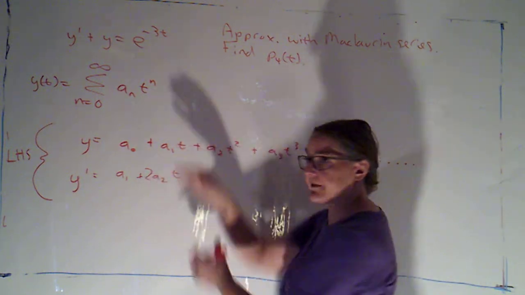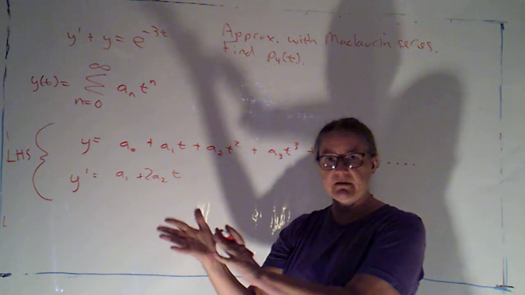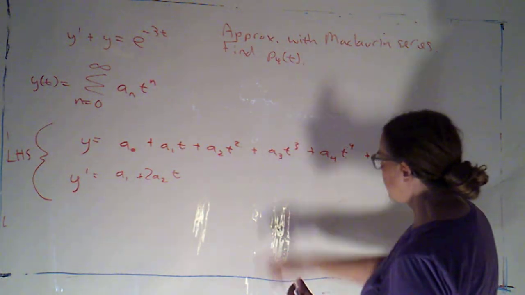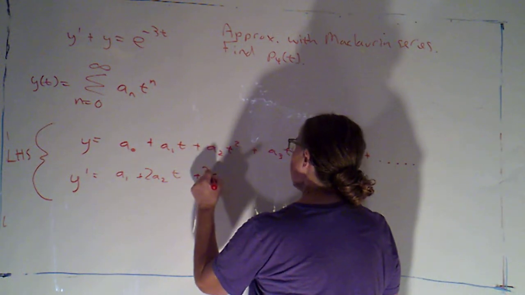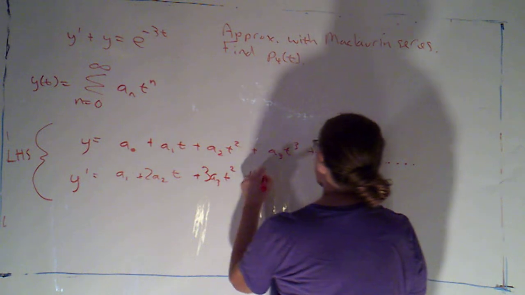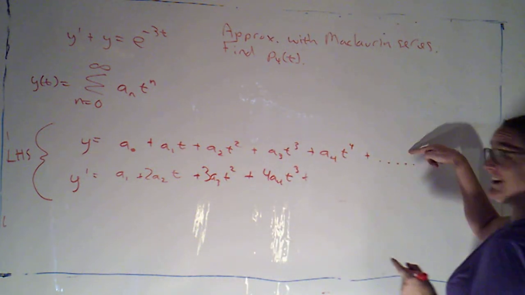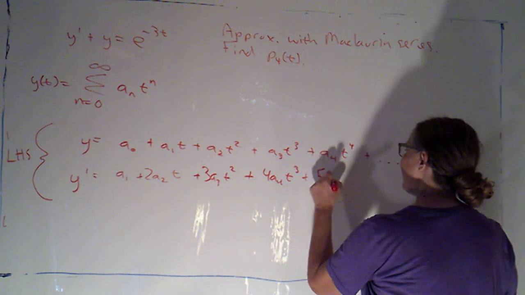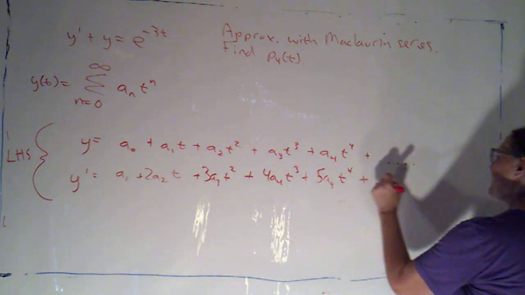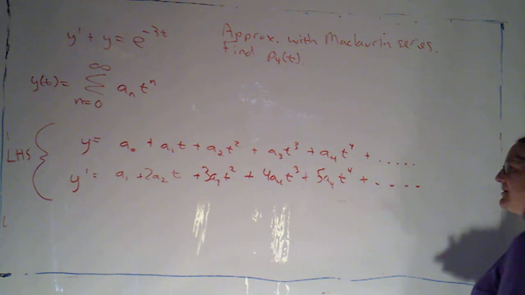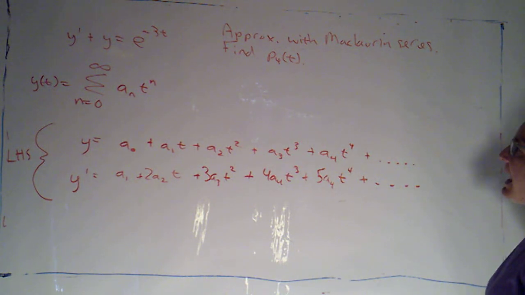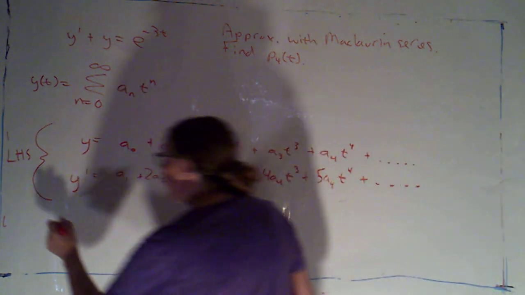These two pieces together give me the linear term on the left side of my equation. Continuing on, we get 3a3t squared plus 4a4t cubed, plus, even though I didn't write the next term here, I can see I'm going to get 5a5t to the fourth plus dot dot dot, and it goes on and on. Okay, excellent.